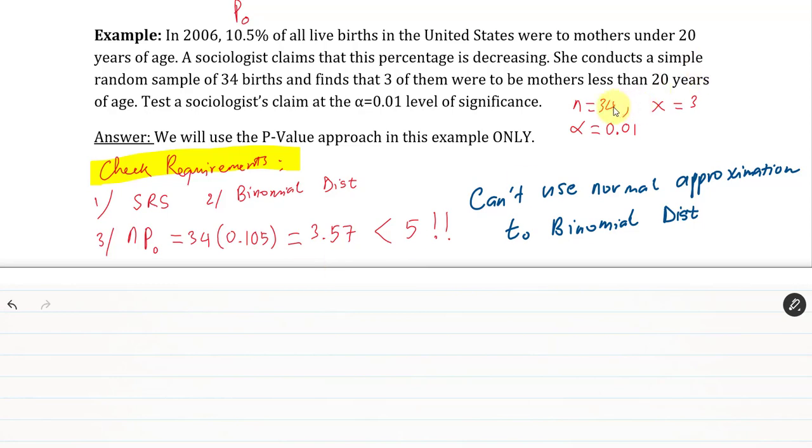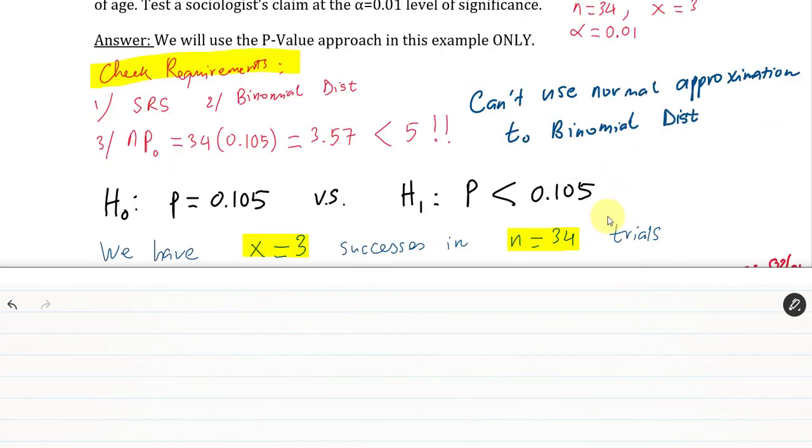N is 34, p naught is 0.105 in decimal places. You multiply that together, it's only 3.57. This is less than 5, and therefore we don't meet the third requirement of the normal approximation to the binomial. And therefore you cannot use the normal approximation to the binomial distribution.